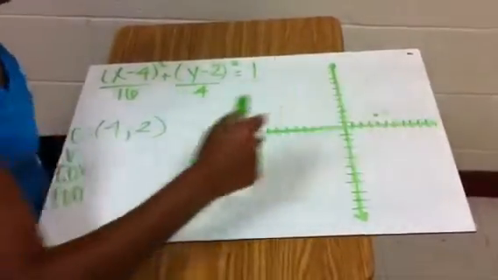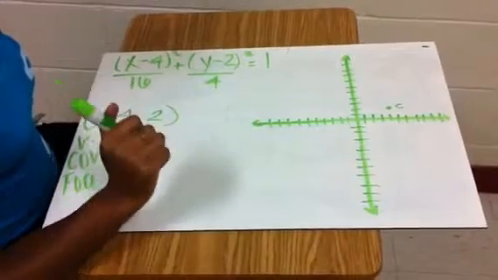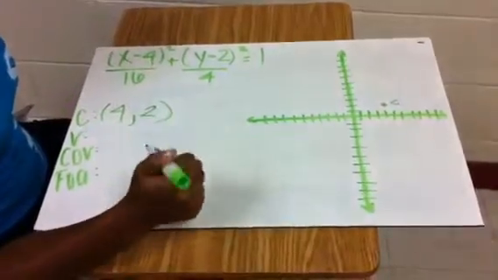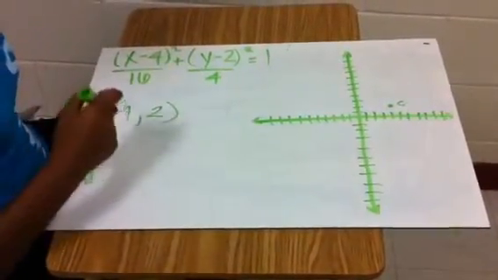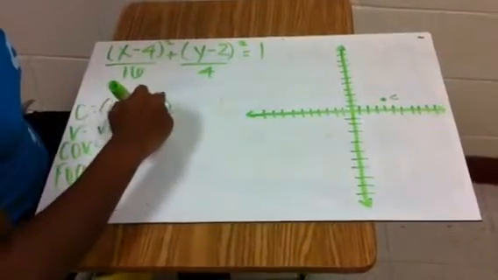Always identify your points as well when you're graphing. Now you have to find your vertices, and to find your vertices, you always look for the bigger number. In this case, the bigger number is 16, so you take the square root of 16, which equals 4.